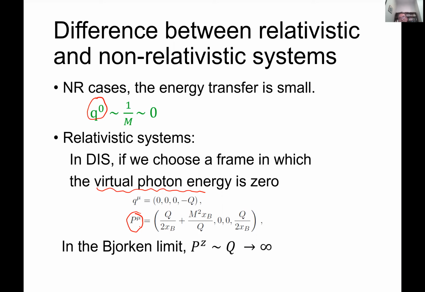If you want to have the photon energy equal to 0, then you have to work in a frame in which your hadron moves very fast. In non-relativistic systems, you can get both: zero energy transfer for the probe, and the system is at rest. But here, you cannot. You have to have the system move.